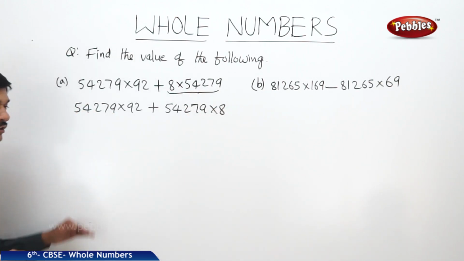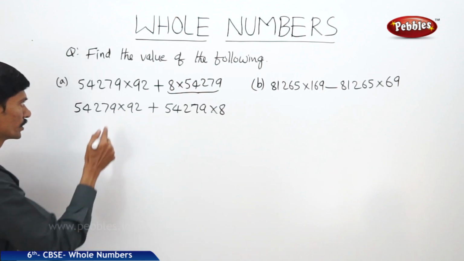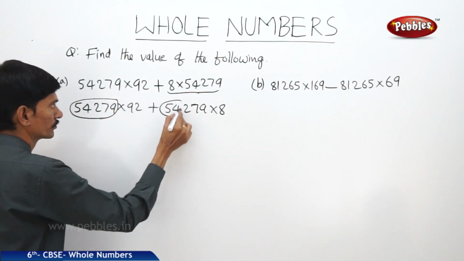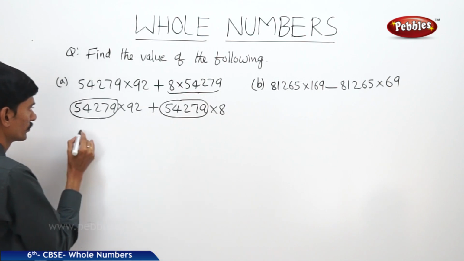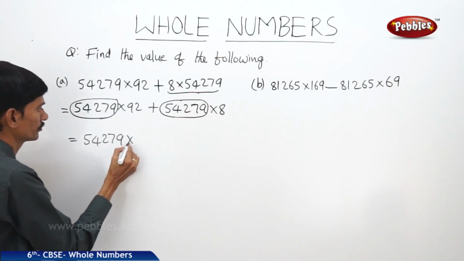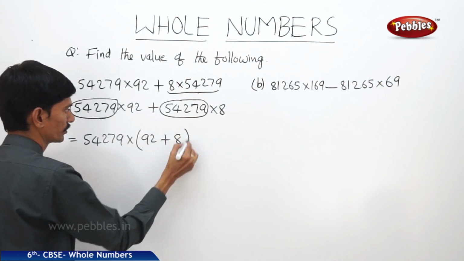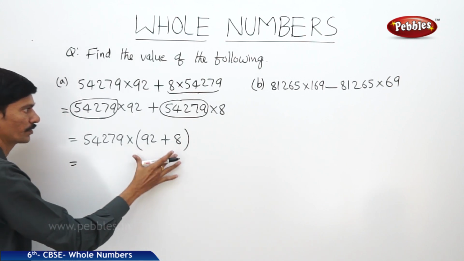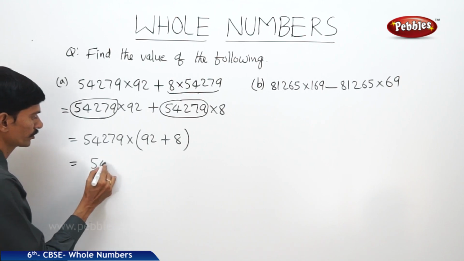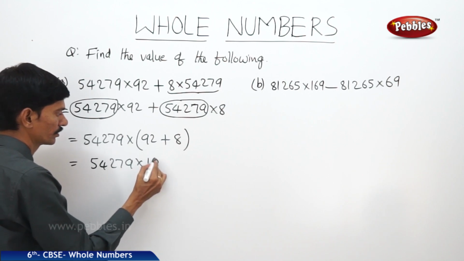Now we can use the distributive property of multiplication over addition. So if you take 54,279 common, this equals 54,279 into 92 plus 8. So by using the distributive property of multiplication over addition, this can be written as 54,279 into 92 plus 8 is 100.